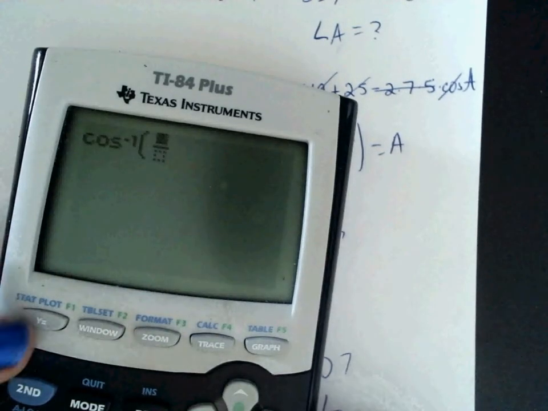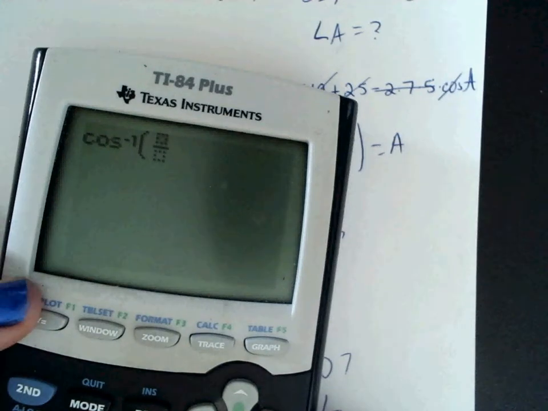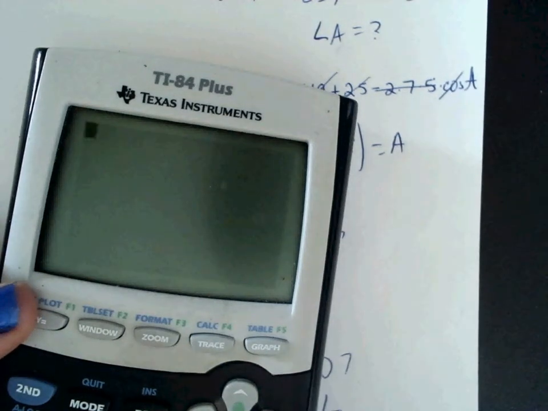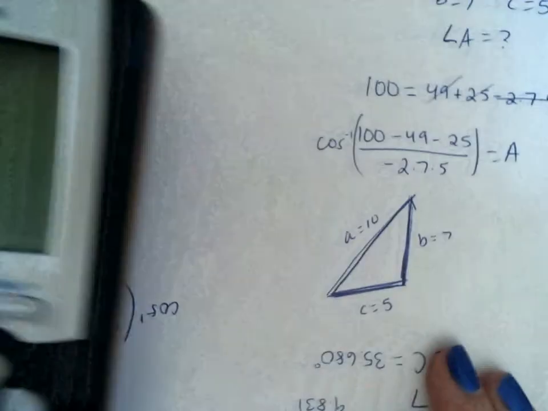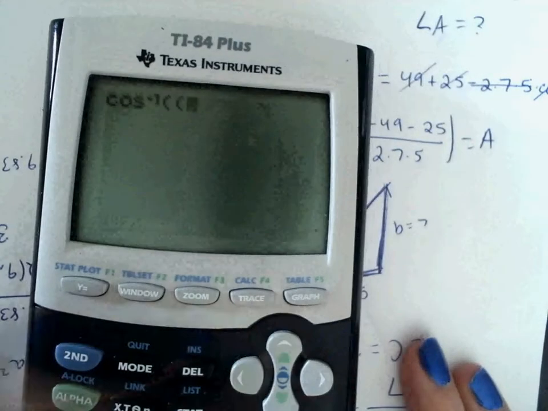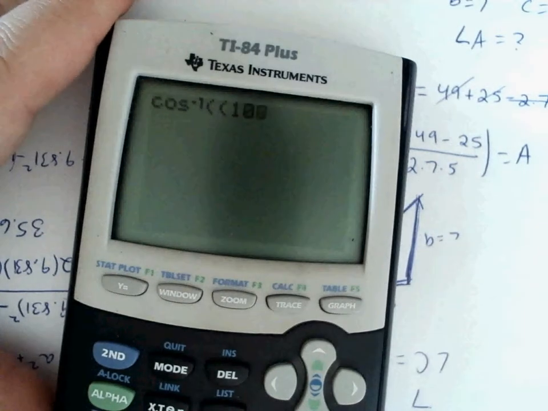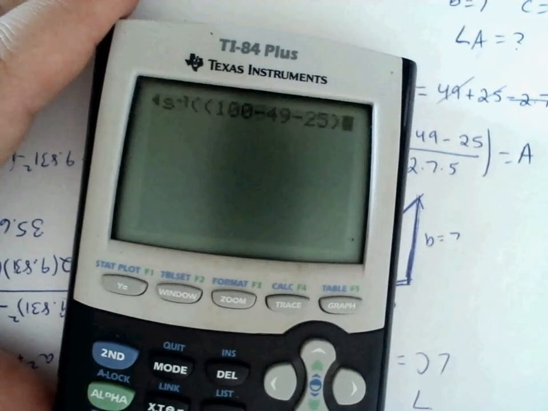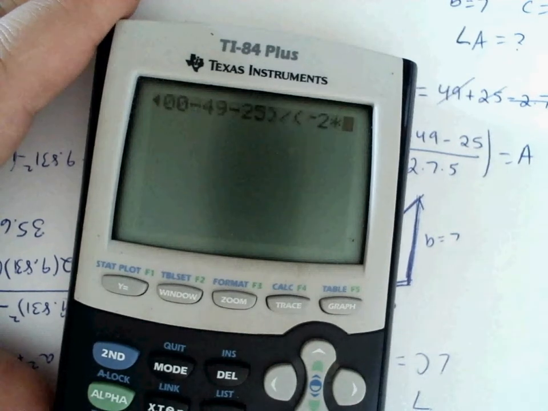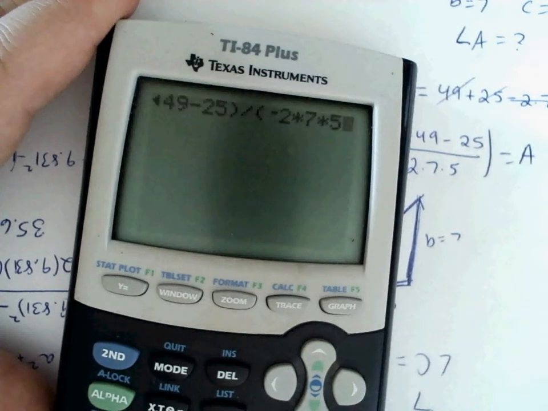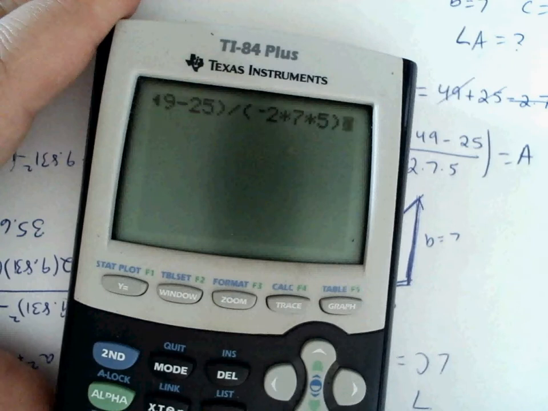Okay. Cosine inverse of a fraction, so either do the fraction, or just do parentheses, okay? So if you do parentheses and then do the whole numerator, 100 minus 49 minus 25, close that parentheses. Divided by, open another set of parentheses, negative 2 times 7 times 5.